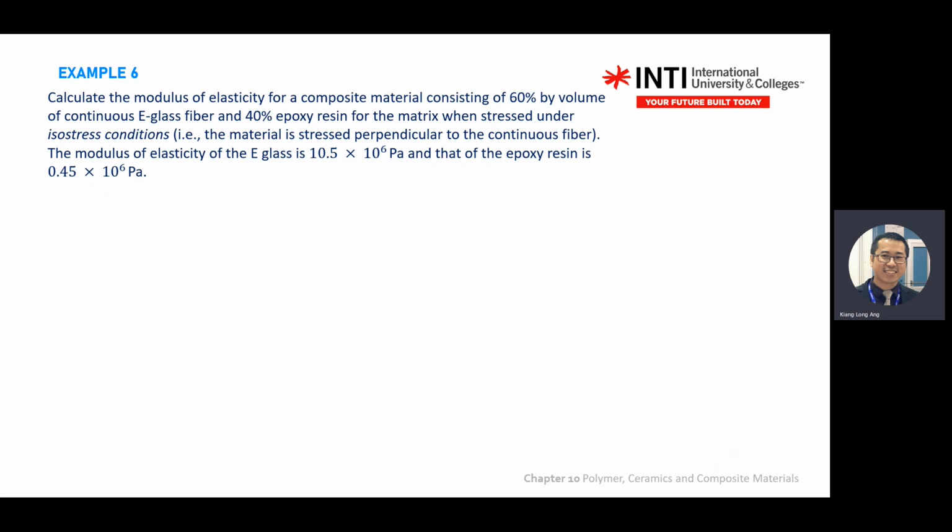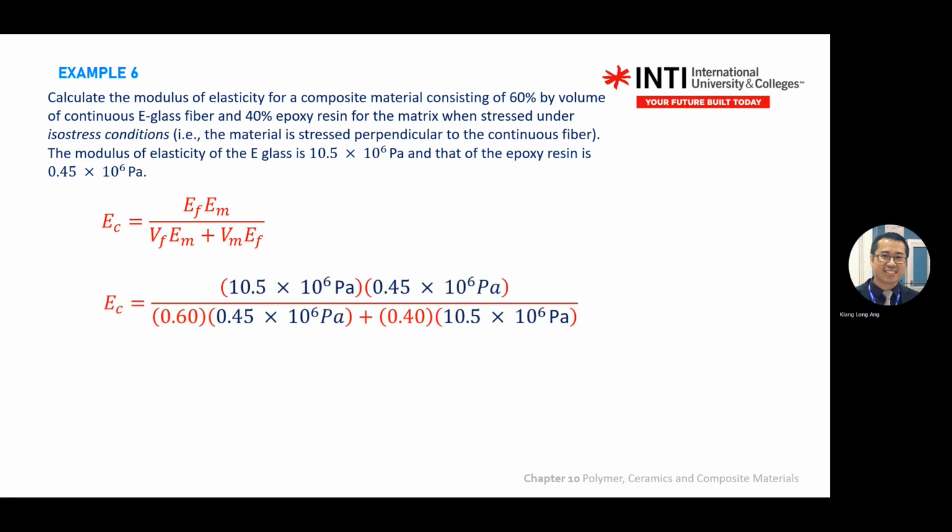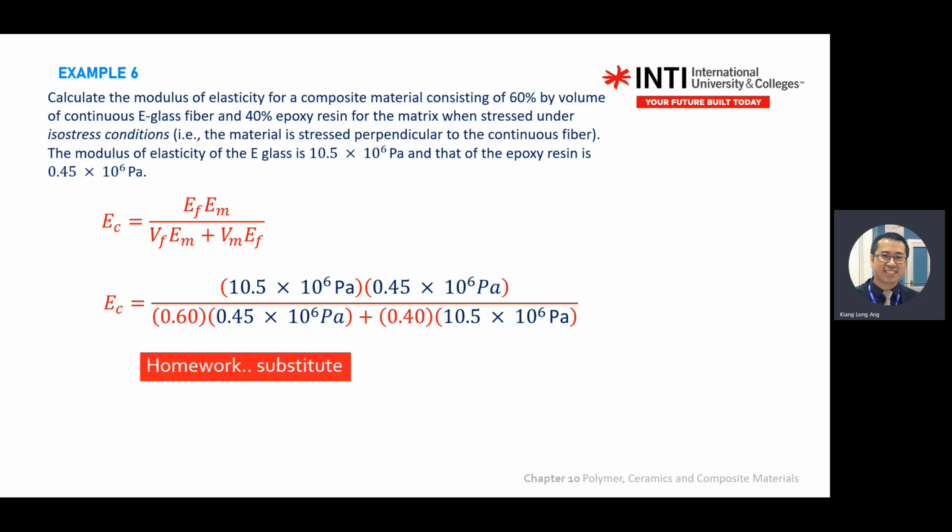In this case, it gives you megapascal. So it asks you to find the modulus of elasticity. You just use the equation. Just apply the equation, put in all the info, you get the answer. Very direct.